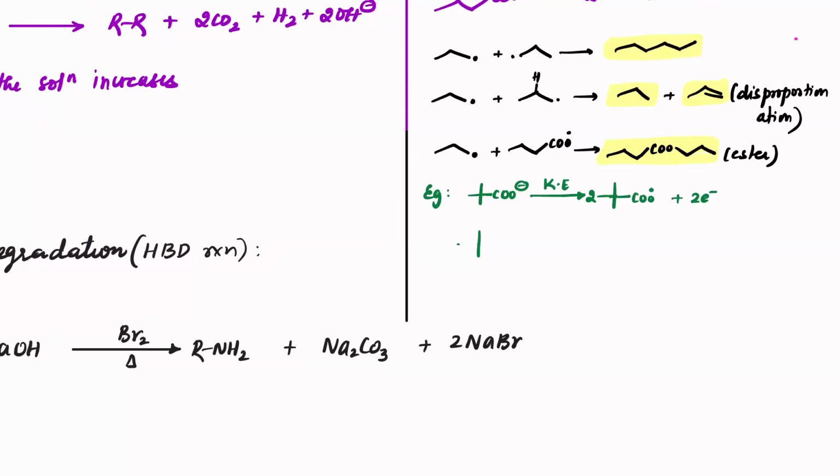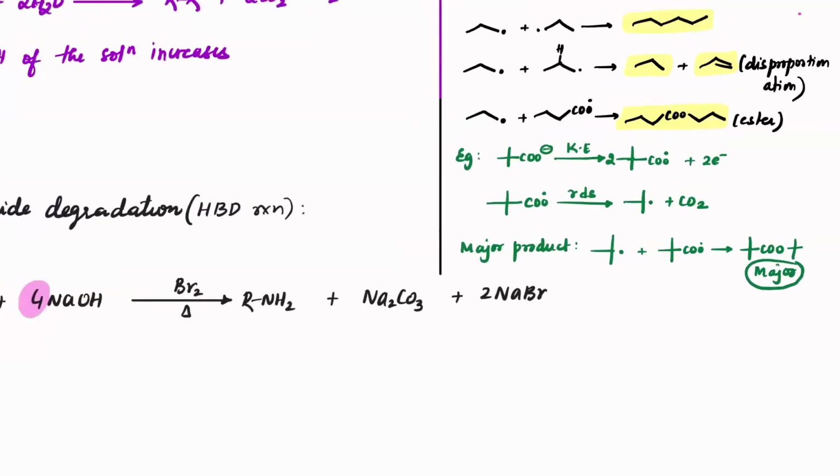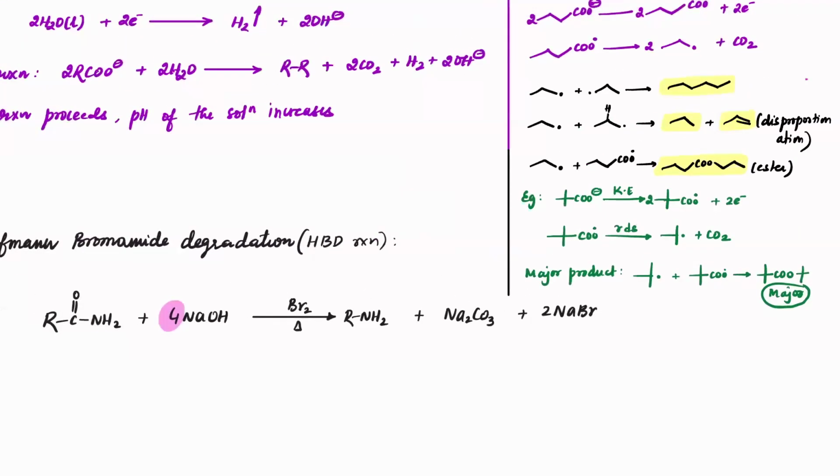Here we will notice some part of this CO dot, because that is the rate determining step, will convert into this dot plus CO2. But when it comes to the major product, because terminating the dot and dot is very difficult, you'll get this dot plus COO dot and make this into an ester form. So this is major. You will not report the alkane as major. Of course, the other compounds will form, but this is major.